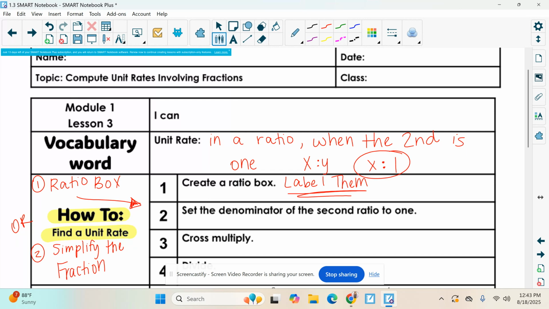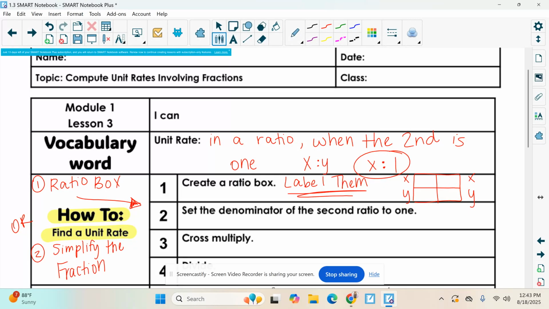That's important. What are the 2 things we're comparing? Waffles to pancakes. Well, then my label should be waffles over pancakes. Boys to girls. Boys, girls. Miles to hours. Miles over hours. Money per hour. Money over hour. Okay? So when I set up my ratio box, I should have my label, label, label, label on both sides.